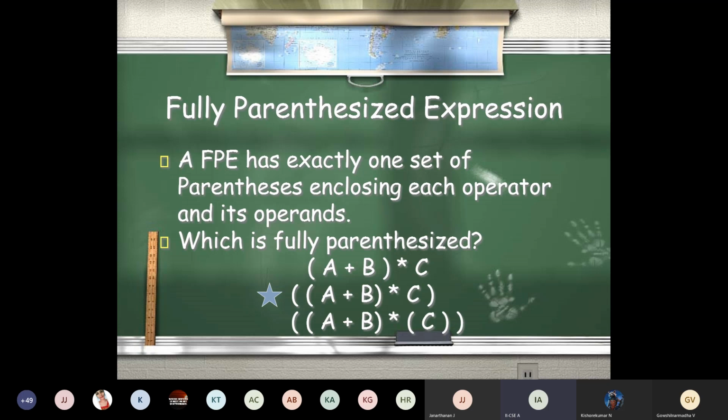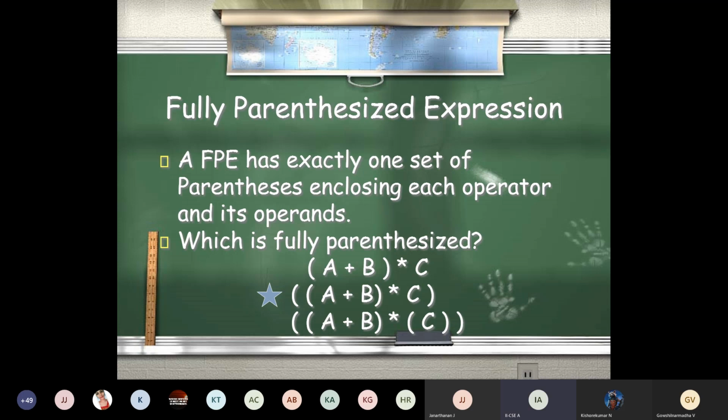Take the second example. For plus, you have an enclosing parenthesis. For star also, you have an enclosing parenthesis. The second one is a fully parenthesized expression. Go for the third one. For a plus b, you have an enclosing parenthesis, and for c, it is not needed. Only if there is an operator, you must have an enclosing parenthesis. So we can neglect this third option also.